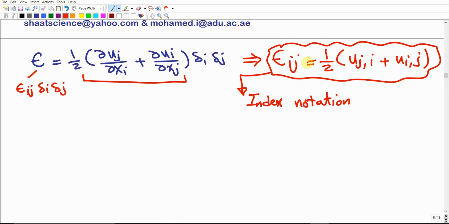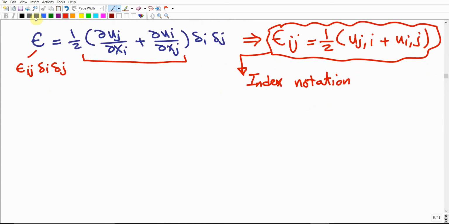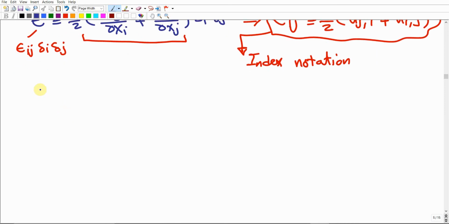This is the compact form of the strain, and let us write the components in terms of x, y, and z. So i and j, each one will be x, y, and z. For the case that i and j are both x, we end up with epsilon xx.